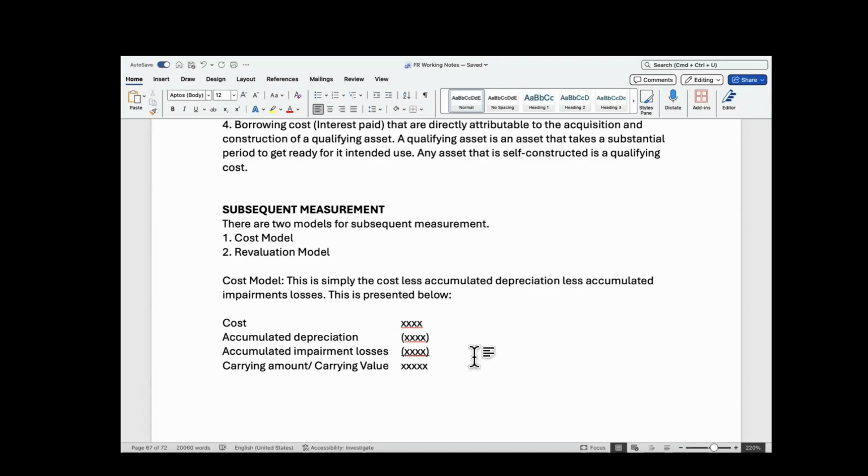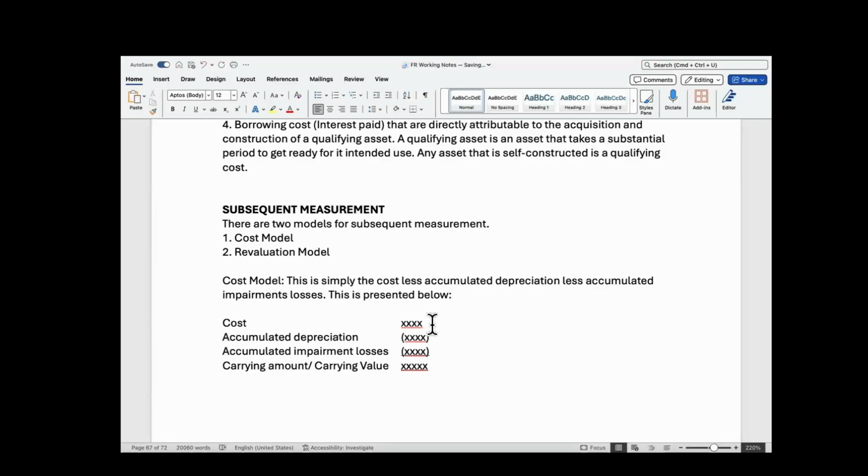And this means that at the end of the year, what you find in your asset account is more of this value. This is a carrying value. This is what you would see in the statement of financial position, right?